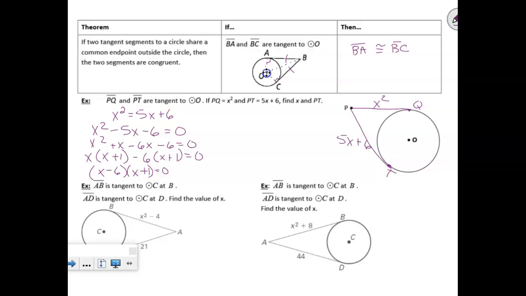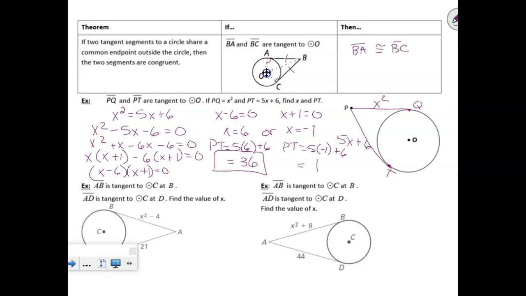Two solutions. Solving for each, x minus 6 is 0, or x plus 1 is 0. We end up with x equals 6, or x equals negative 1. If x equals 6, PT equals 5 times 6 plus 6, which is 36. Or, if it's negative 1, PT equals 5 times negative 1 plus 6, which is 1. Most likely this is the correct answer.